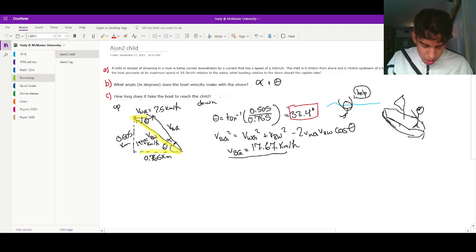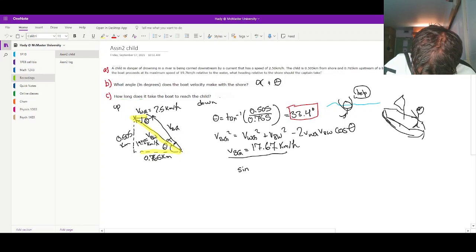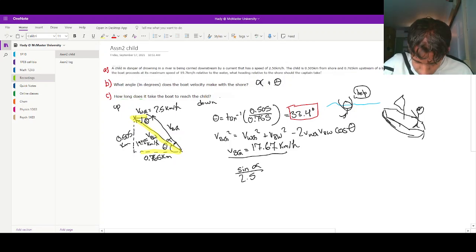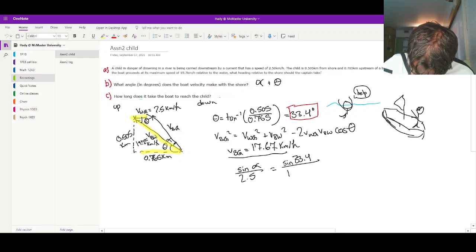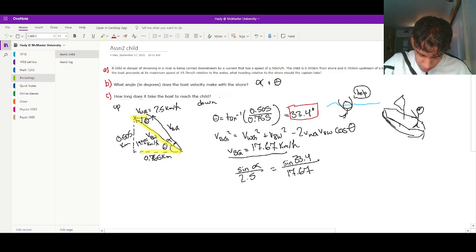So now that we have that, we can use our sine law to find alpha. So we have sine of alpha over its opposite side, the 2.5 kilometers per hour, is equal to sine of our theta, which was 33.4, over our newfound side.